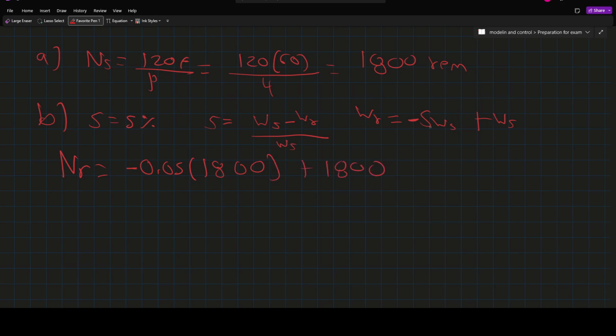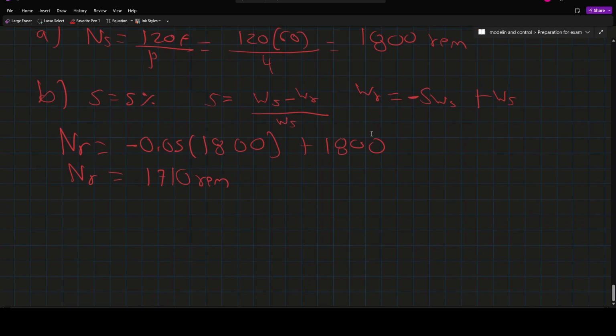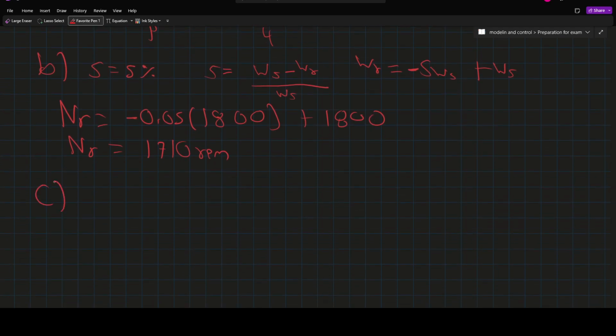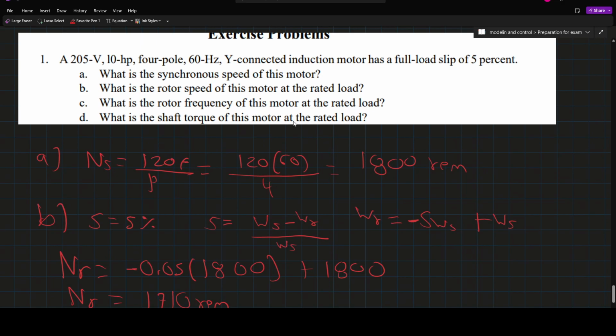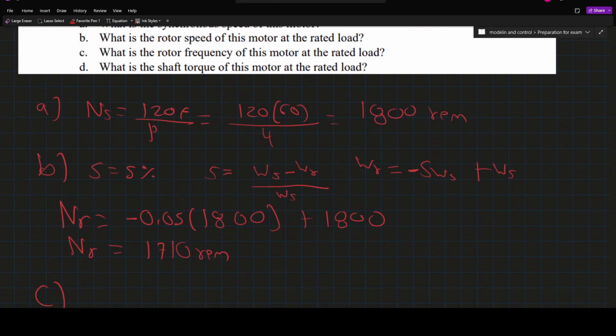I could have factored this out to make it prettier, but I'm just gonna write it like this for now. So this is gonna be equal to 1710 RPM. Okay. Now for C, they are asking us what is the rotor frequency of this motor at the rated load.